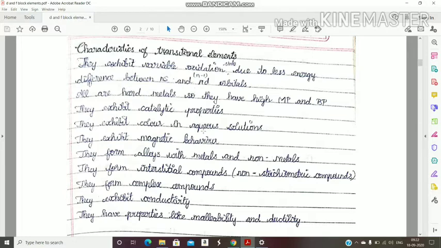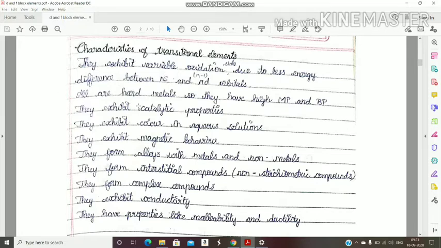Because the energy difference between 4s and 3d is very less, so automatically all those electrons involve in reaction. If all electrons involve in reaction, automatically oxidation states will increase. That is the meaning of that point. In case of titanium, chromium, manganese, copper, zinc, in all cases same thing takes place. That is the first point.